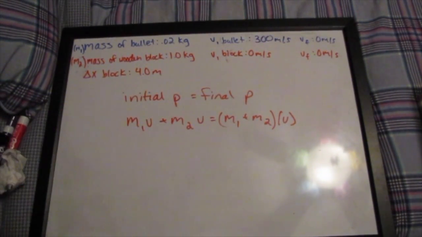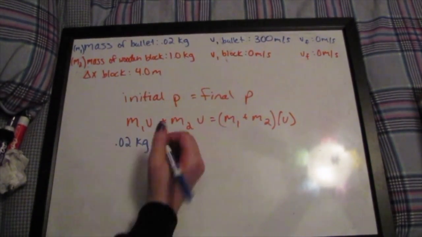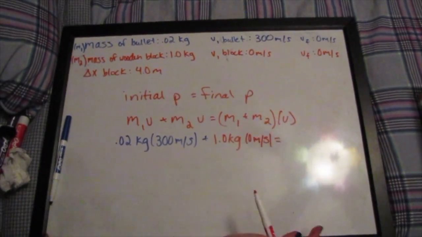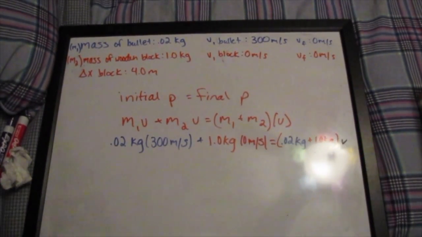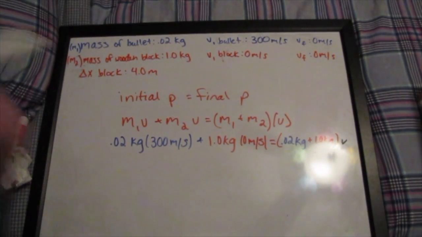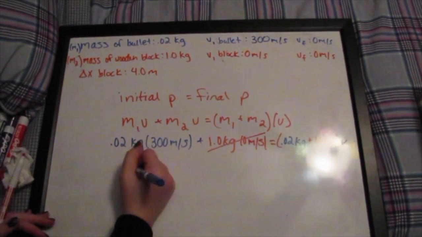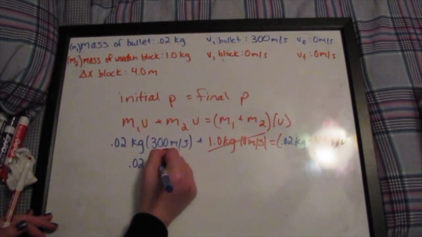I'm also going to continue using the color coordination so that it's easier to follow. Now, as you see, this is multiplied by 0. So momentum for the second item, the wooden block, is going to be canceled out. So when we continue on with our equation, we don't have to worry about that part.